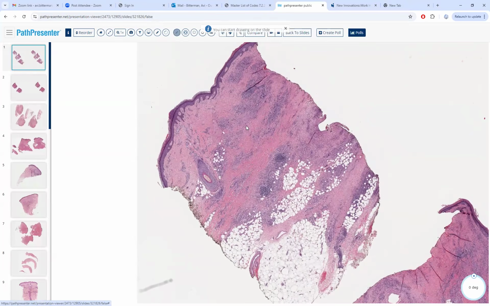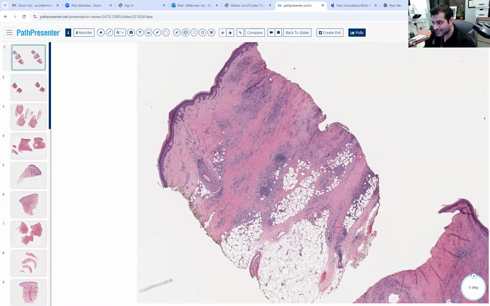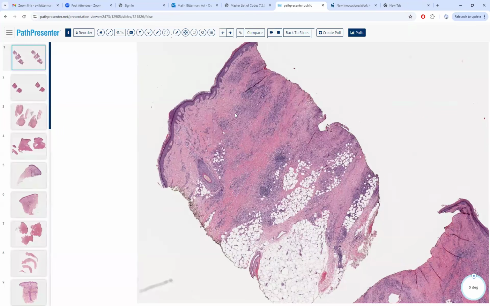Punch biopsy of necrobiosis lipoidica. And how do we know it's NLD? There's this histiocytic infiltrate that appears to be like a layered cake appearance.